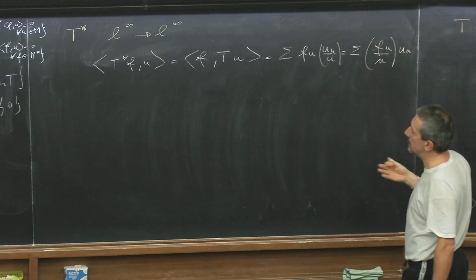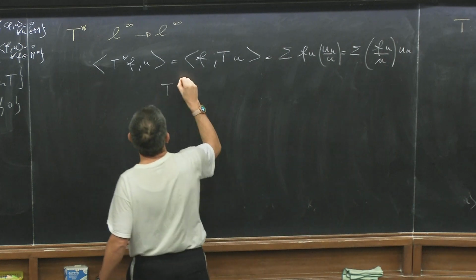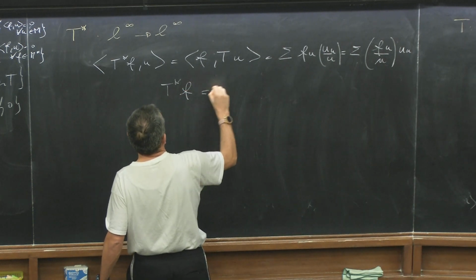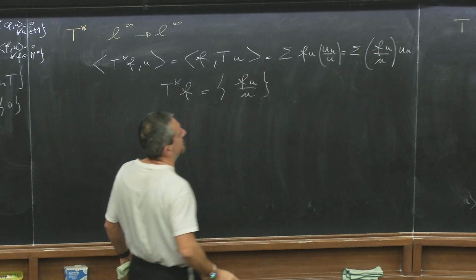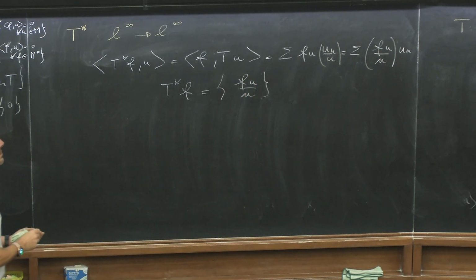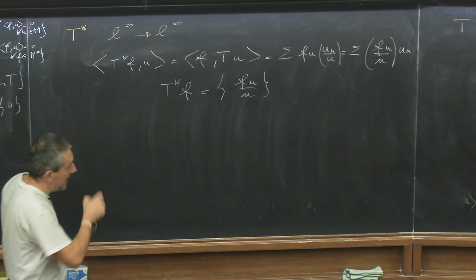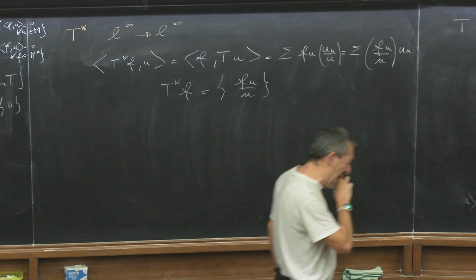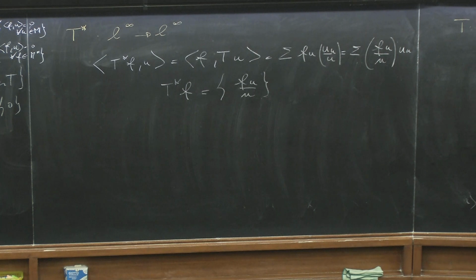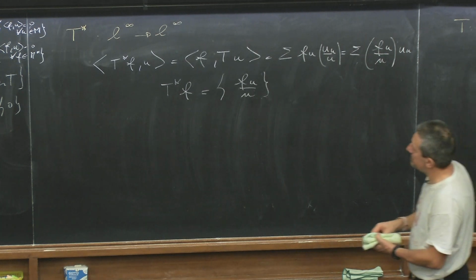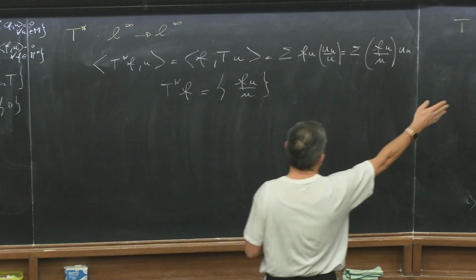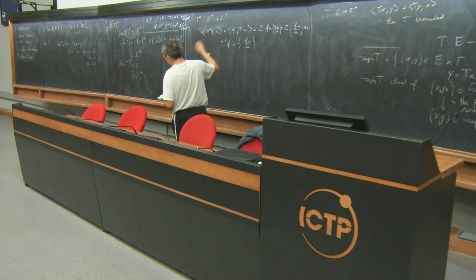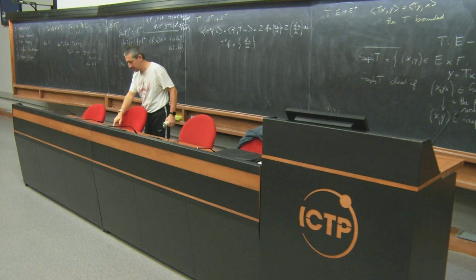So T star acts on F as the sequence Fn over n. Which I can deduce, applying the previous exercise, is already bounded even if I don't have the explicit formula.